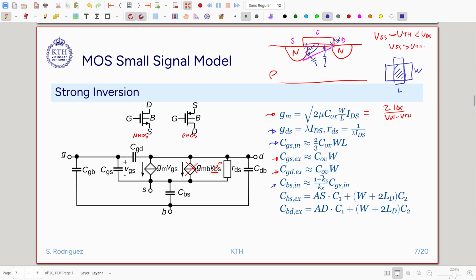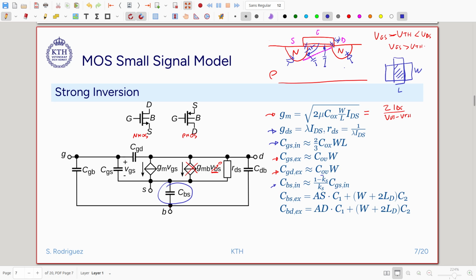We have some capacitance here. That is an intrinsic capacitance. We have capacitances that depend also on the junctions. This is a diode here, there is a diode here.